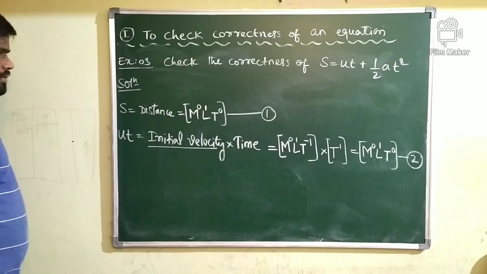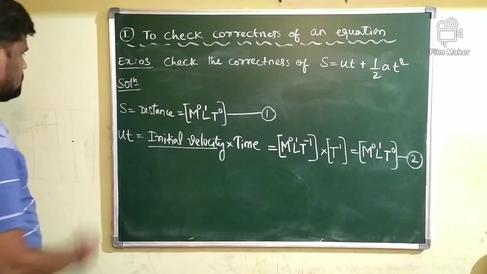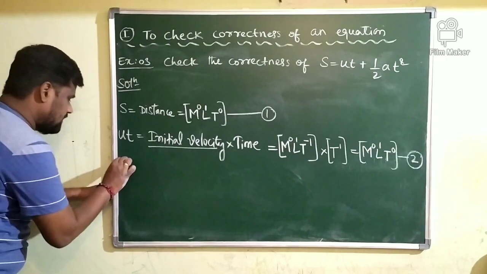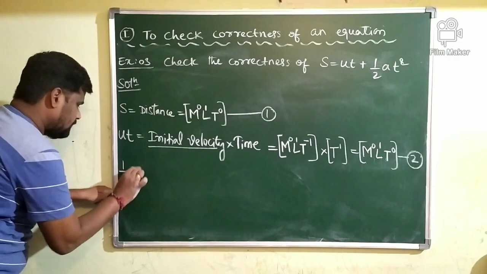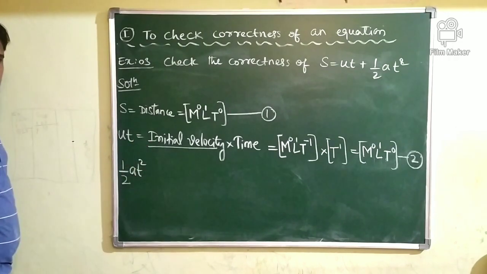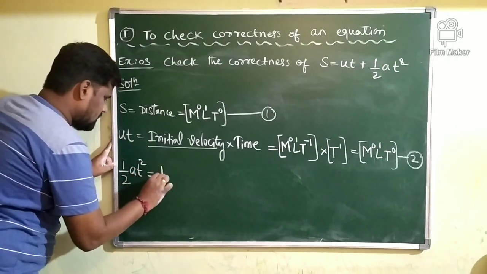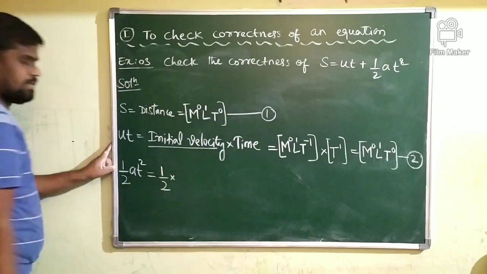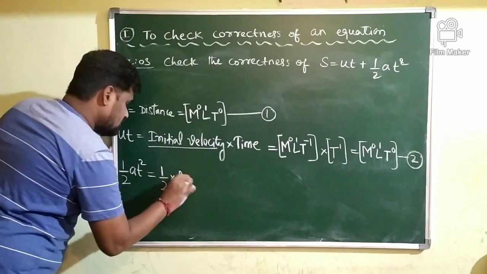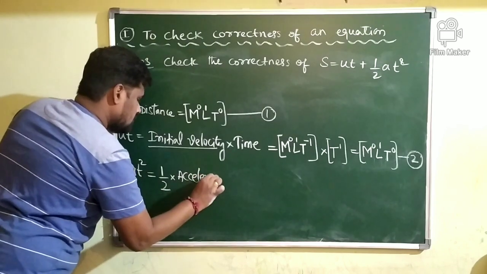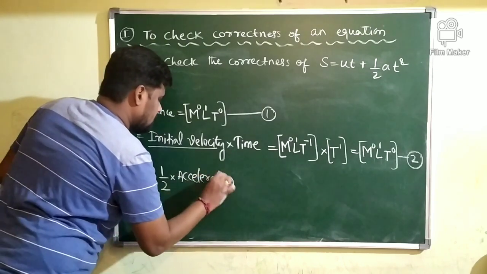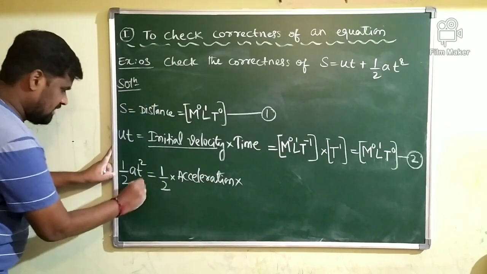Okay? Next comes half at square. Half is a number multiplied by a, and what is a? A is acceleration, multiplied by t square.